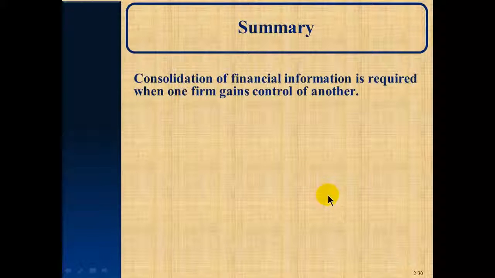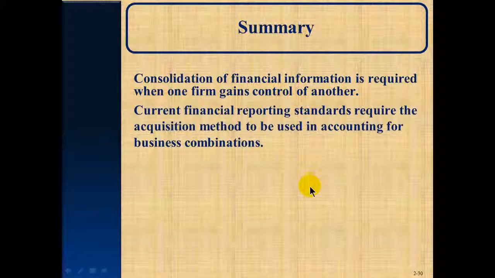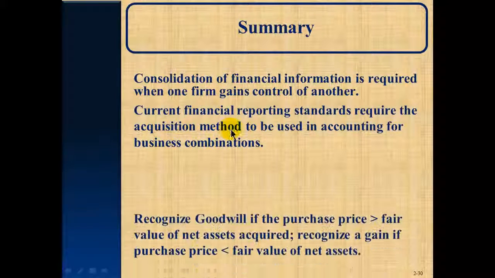So in summary, consolidation of financial information is required when you gain control, and very often that control is determined by the percentage of stock, but it does not necessarily have to be the percentage of stock that you own of that investee. And we require what we call the acquisition method, which is fair value based.